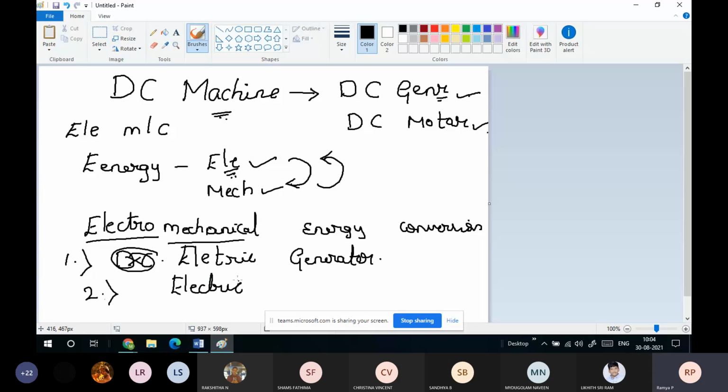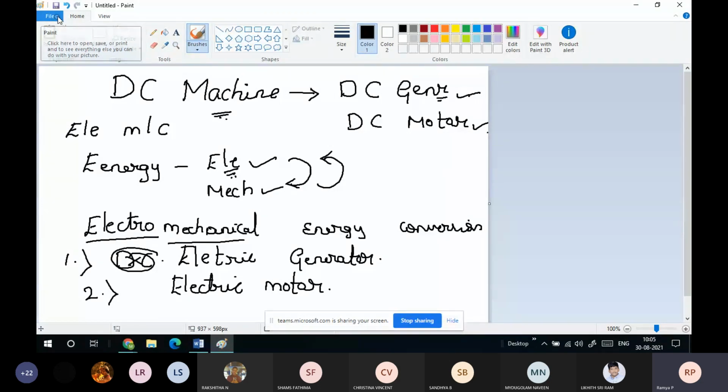You have two types of machines here based on the energy conversion, either electrical to mechanical or mechanical to electrical, vice versa. So I should use a specific machine for that particular task. I have two types of conversion: I can use an electric generator or an electric motor.